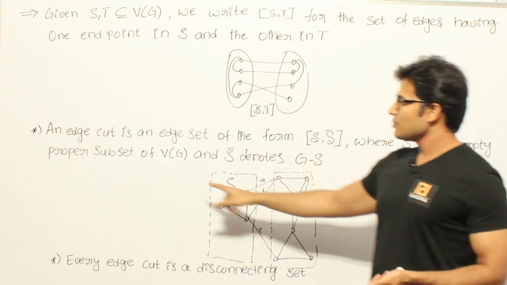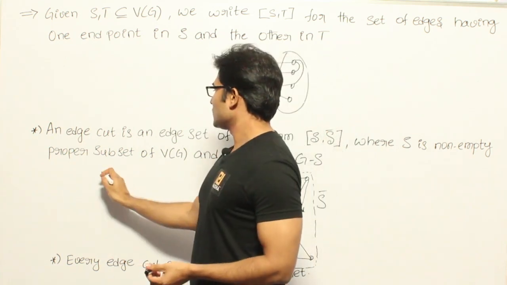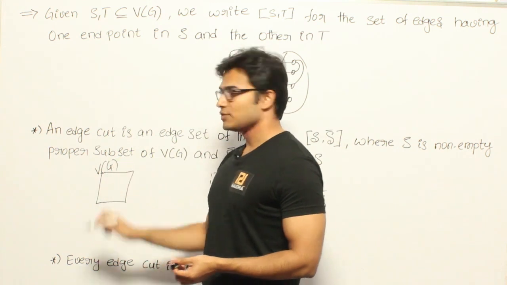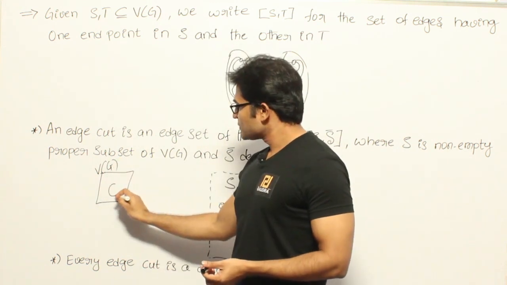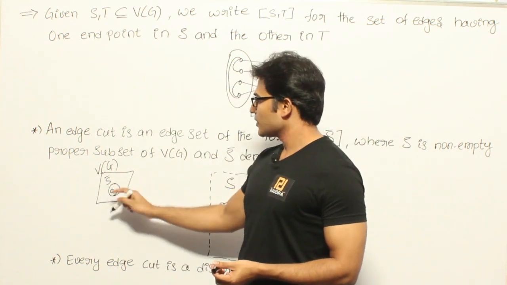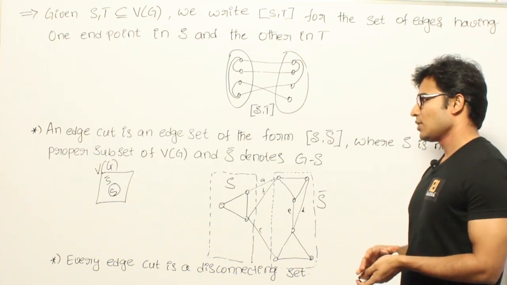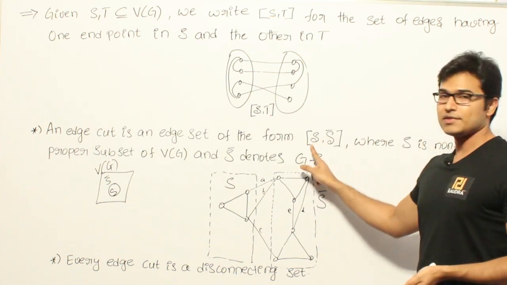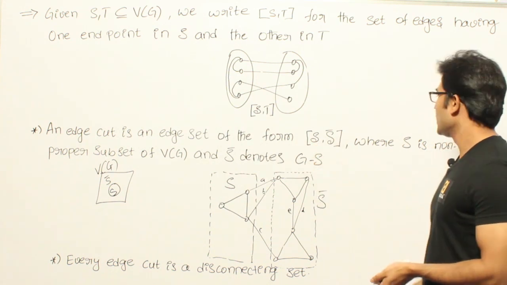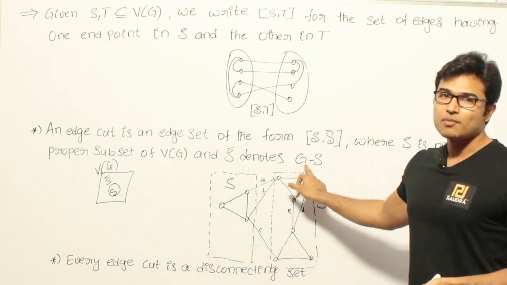Where S is a non-empty proper subset of V, which means if the set of all vertices of the graph is V of G, and S is a proper subset of this, then S dash is nothing but all the remaining vertices, right? So you have to see that all the vertices are either present in one set or the other. If you have not chosen here, they should be present here, right? And S dash denotes G minus S, which means the complement.